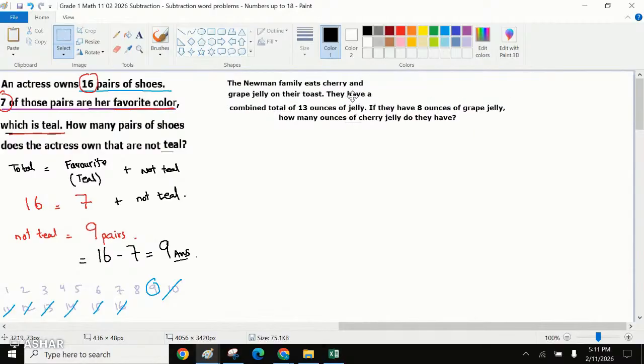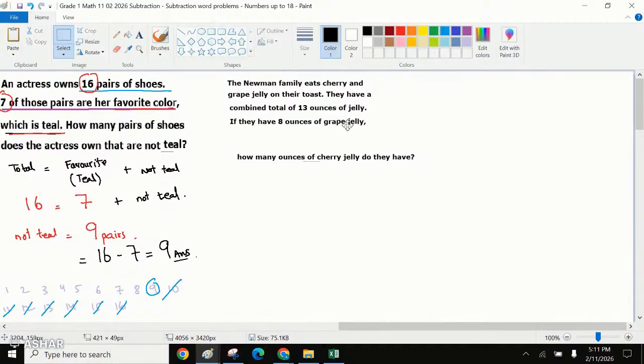They have a combined total of 13 ounces of jellies. The total is the weight of the jellies they have. If they have 8 ounces of grape jelly, how many ounces of cherry jelly do they have?